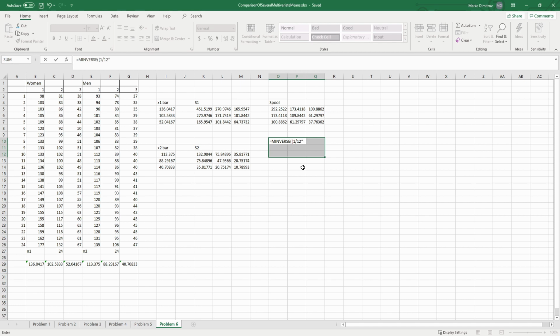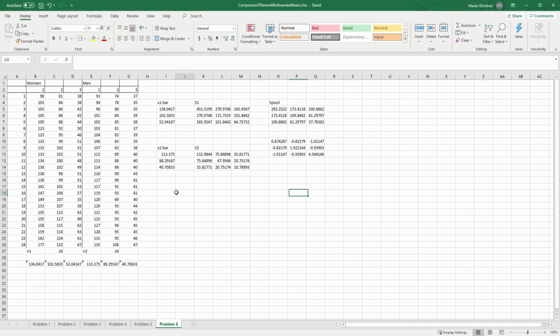Then you calculate it, it's half. Again, because the sample size is the same, always look at the formula, times this. Okay, I didn't bracket. So this is our inverse matrix, and it is easy to compute now the value of the test statistic.